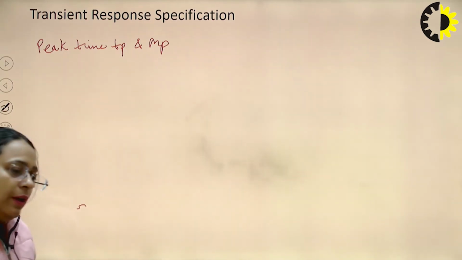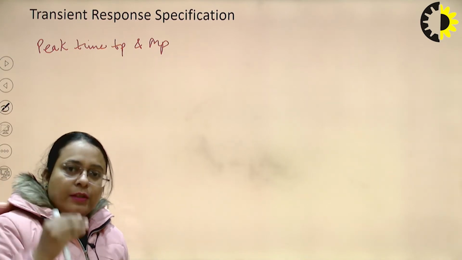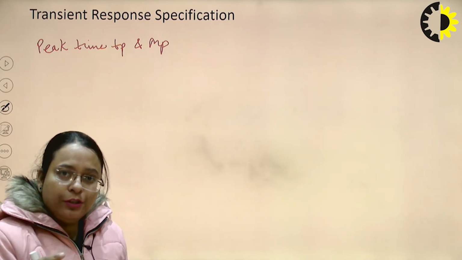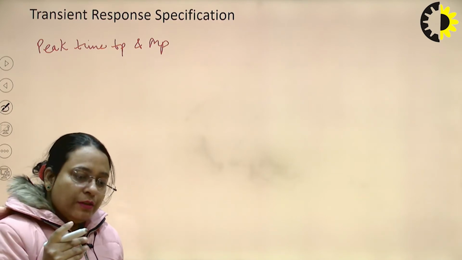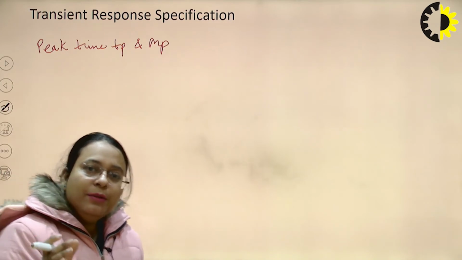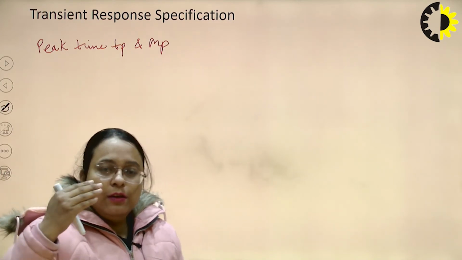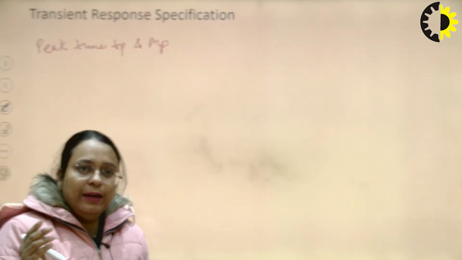Since we know that the time response of the second order system exhibits oscillations during its transient part, these oscillations sometimes exceed the desired value, and at some instances the output will be lesser than the desired value, right?